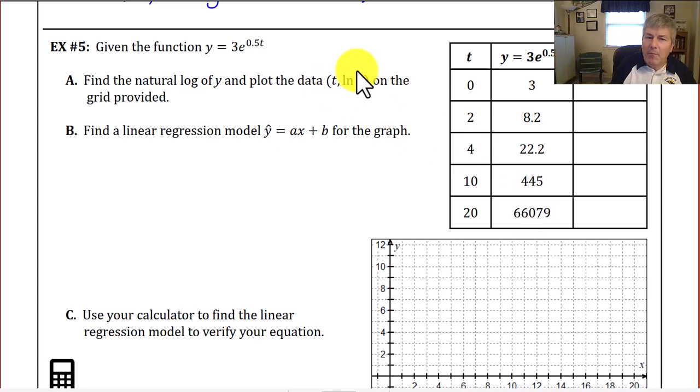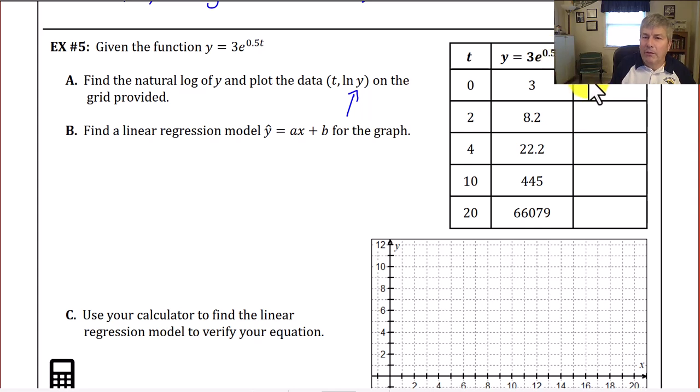But remember that our y in our semi-log plot is the natural log of y. So we're going to want the natural log of these values that we've output in our function. So think of a composite function. We want the natural log of 3e to the 0.05t.